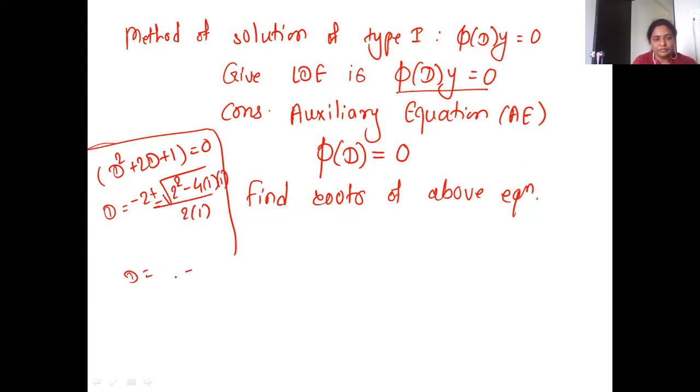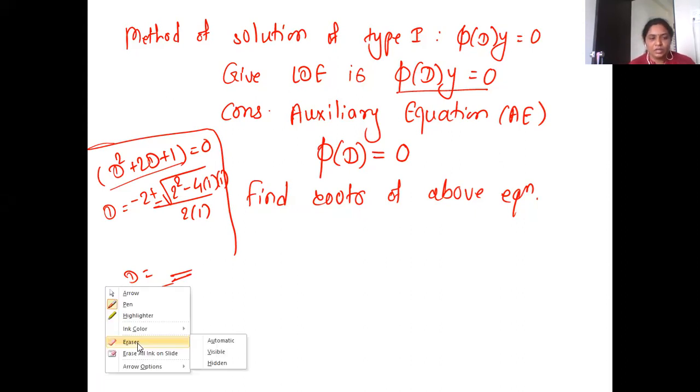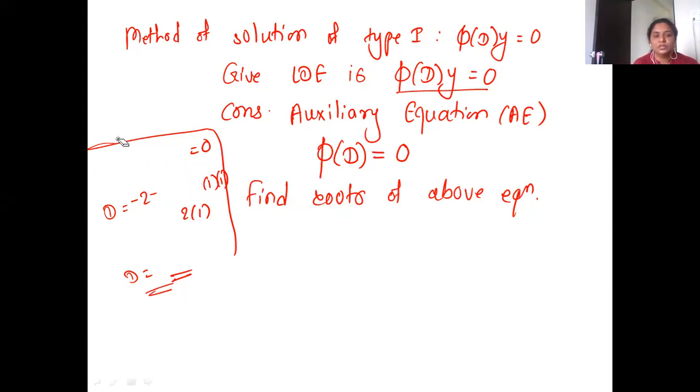Solve this, we get some values of D, and these values are called roots. This is in case of quadratic equations only, but cubic equations or higher order, I'll tell you later how to solve on a calculator or by any other method. Just wait for some time.